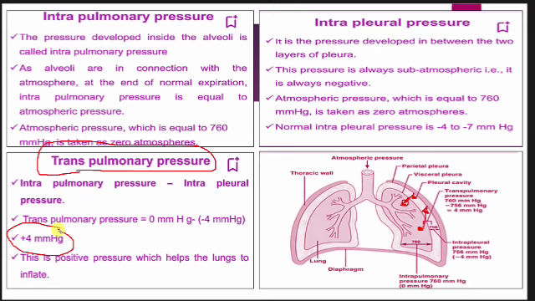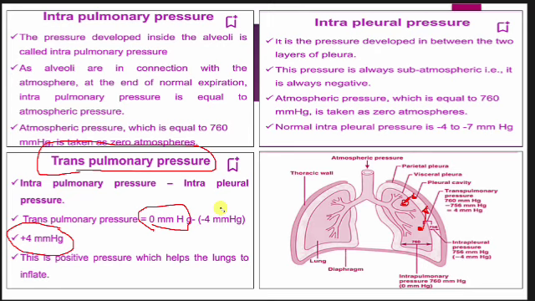Okay, if we want to use the values of this pressure in the respiratory tract, look, in the respiratory tract, the intrapulmonary pressure is what? 0 millimeters of mercury, right? The intrapleural pressure is what?